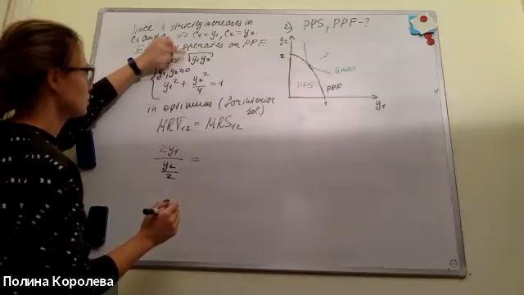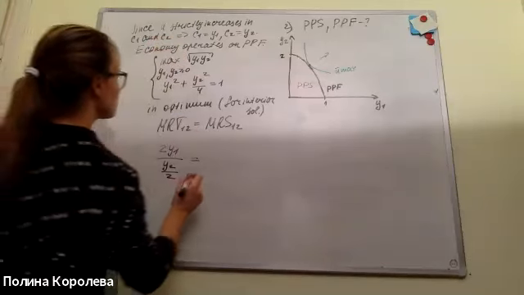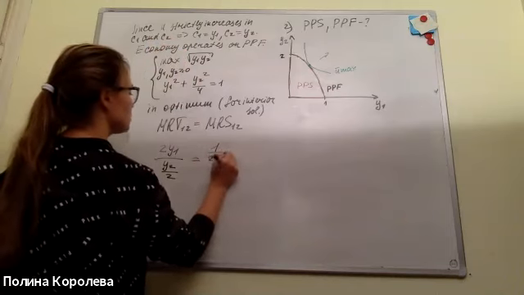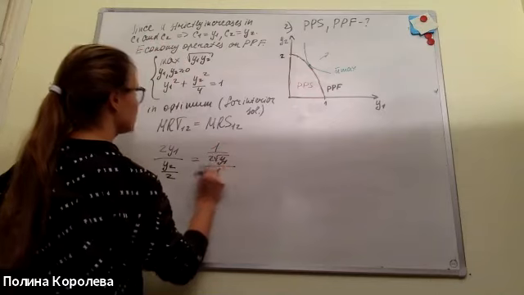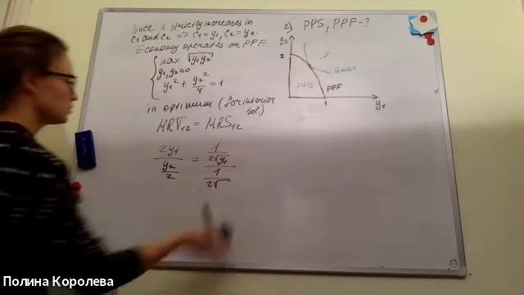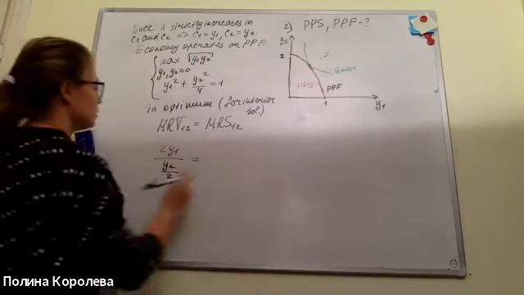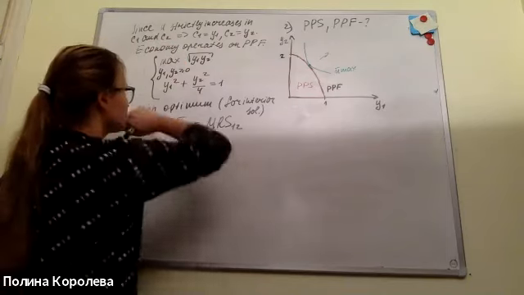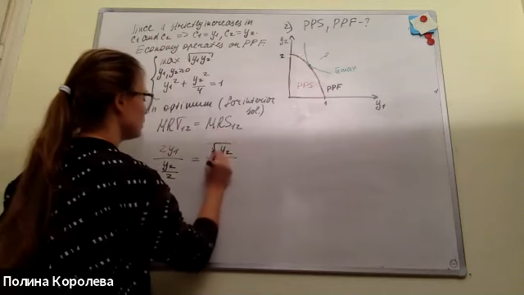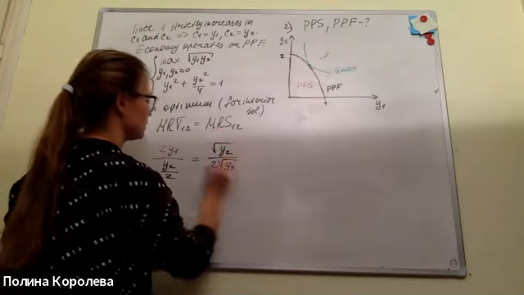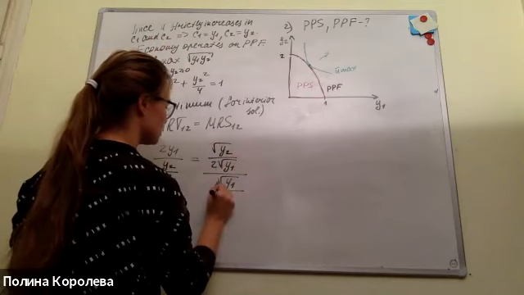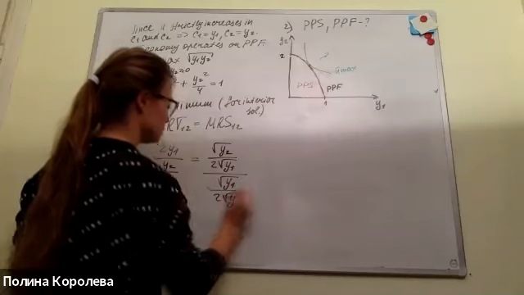The marginal utility from y1 is 1 over 2 square root of y1, divided by 1 over 2 square root of y2. This will be square root of y2 divided by 2 square root of y1, divided by square root of y1 over 2 square root of y2.